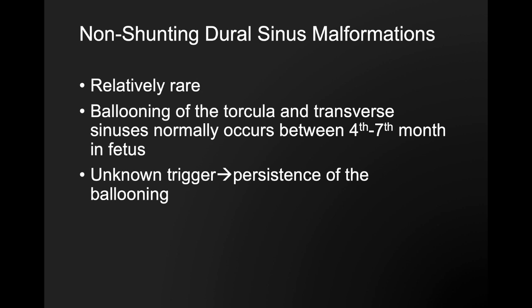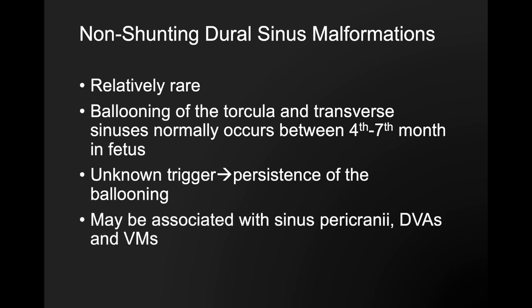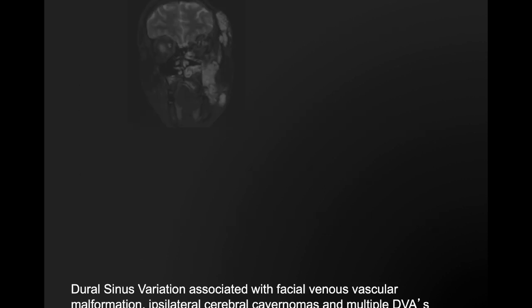And there must be some unknown trigger which causes persistence of this ballooning. And it seems to be associated with sinus pericranii and DVAs and venous malformations. So something is wrong. Some sort of mutation must have happened with the cells that form the veins in these territories early in life. And these are incidental, no-touch lesions.